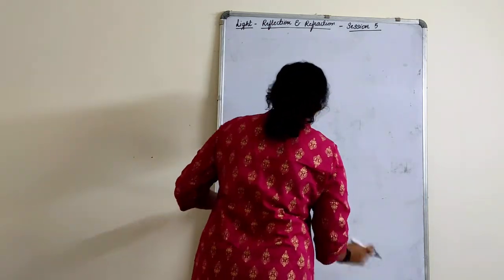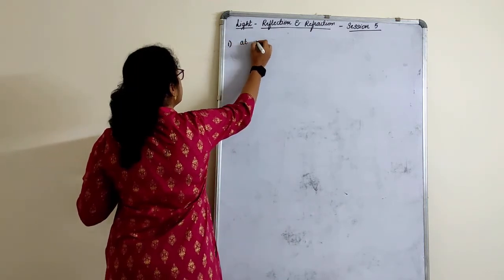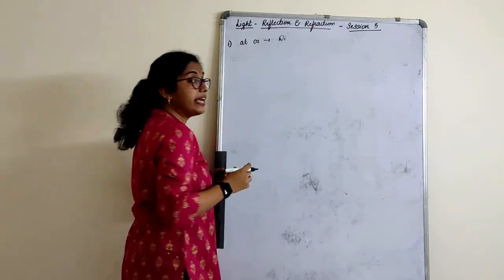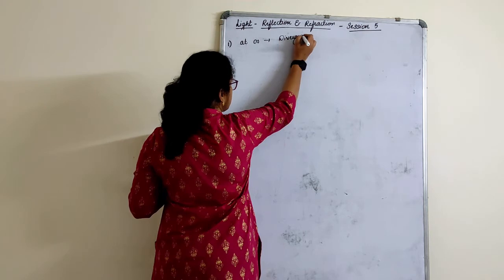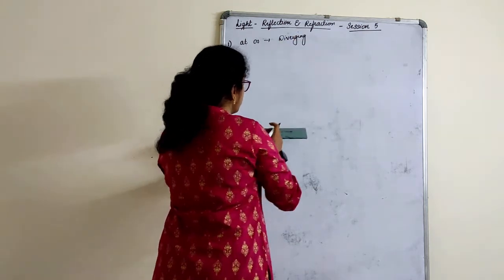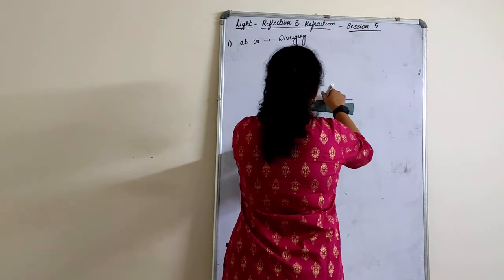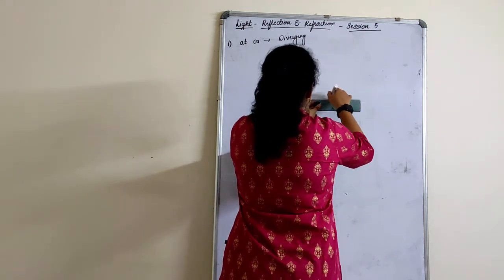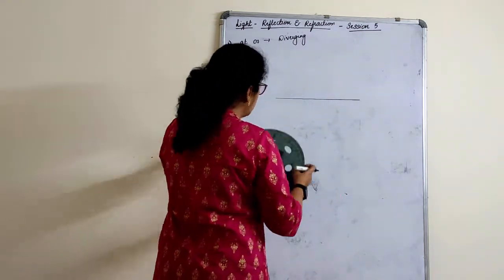So let's first draw the lens when the object is kept at infinity. So this is called, to show that concave lenses are diverging. So first let us draw. Now we know the rule here.